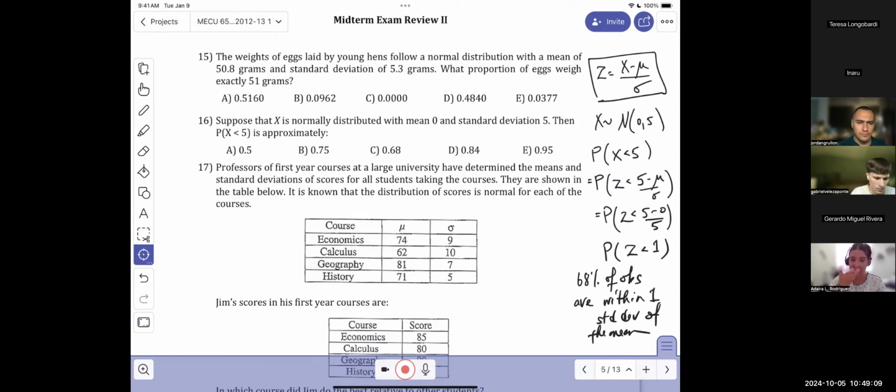So we can just go to the table, but I'm going to remind you that if I'm here, this would be 68, but then this other side would be 1 minus 0.68 divided by 2, which is 16. Remember all these numbers? That's 16%. So this would be 16 and this would be 68. If you add them together, you get 84. So the answer should be 84.